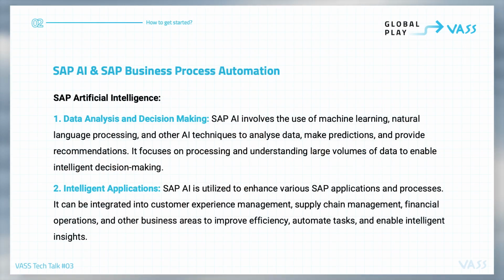So artificial intelligence is needed here to take the data, summarize it, understand it, match it with different patterns or maybe prediction models, and then give recommendations based on these models for your further decision making in the business. This is one point. Second point is intelligent applications.